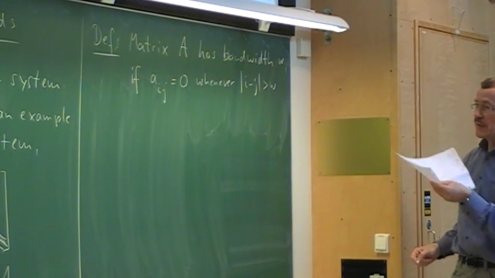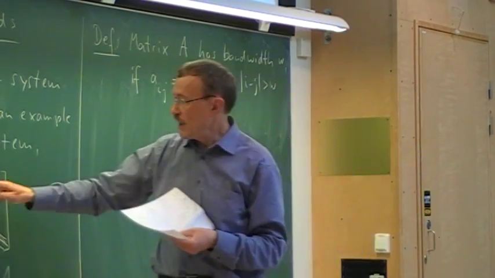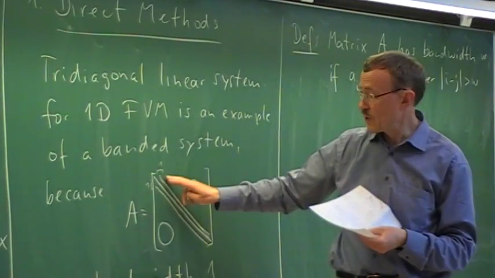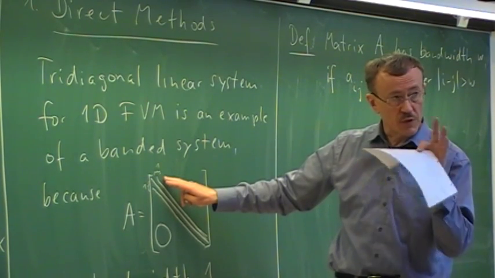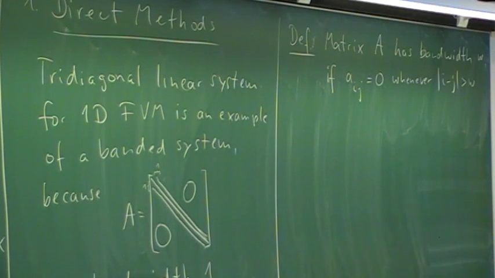So for example, here we have A13, the next one that is 0, the difference is 2, larger than 1, so that is 0. You can test that for everything, and you see that it will work.